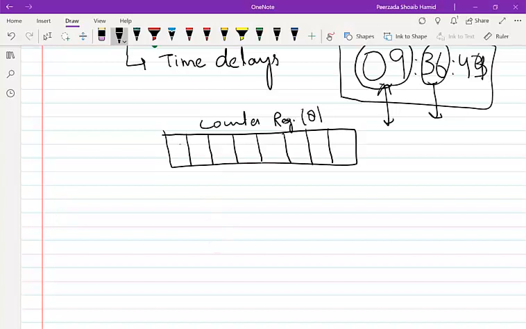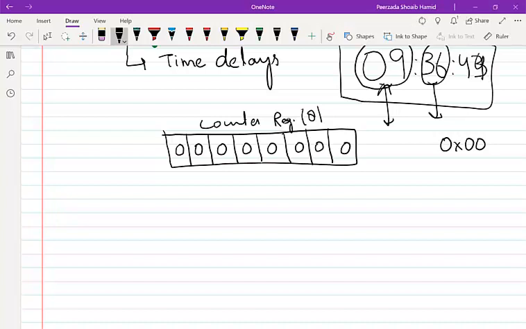Let's assume that on reset it contains the value 00000000, that's 00 in hex. It increments itself at a given rate, and that rate is governed by the oscillator frequency connected, or it can be governed by an external source, an event happening outside the microcontroller.